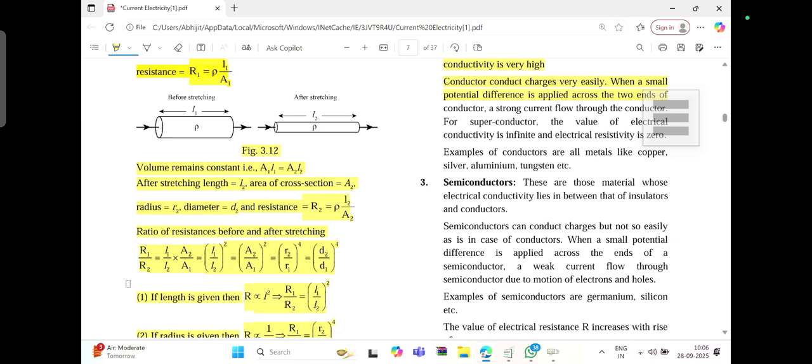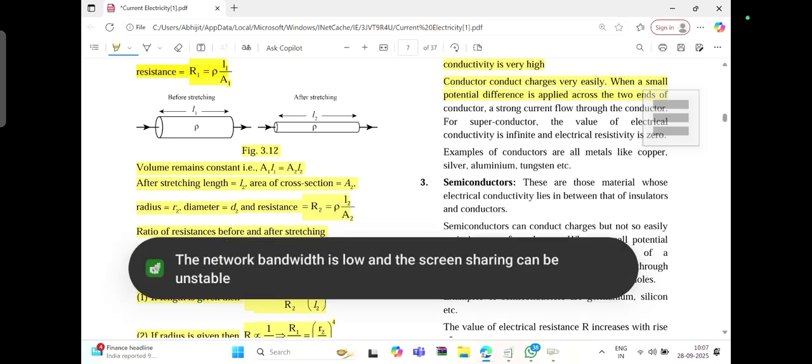That is the ratio we have to find. If length is given, R is proportional to L square, R1 by R2 is equals to L1 square by L2 square. So L1 by L2 whole square is equals to A2 by A1 whole, which is equals to R2 by R1.